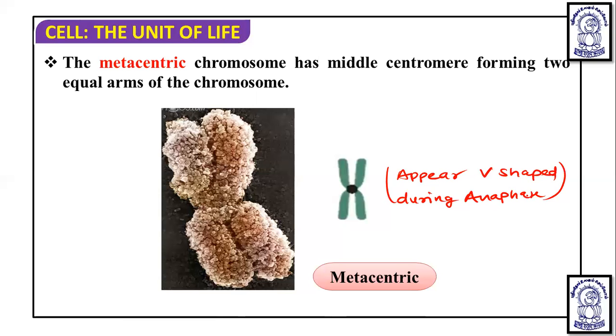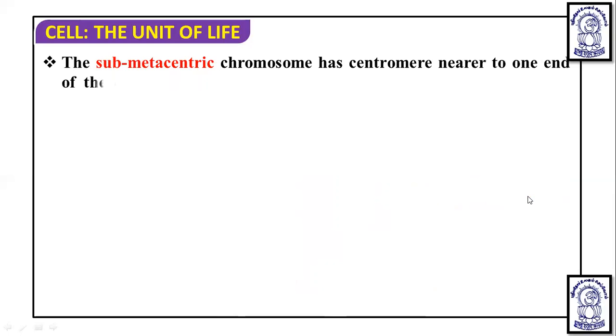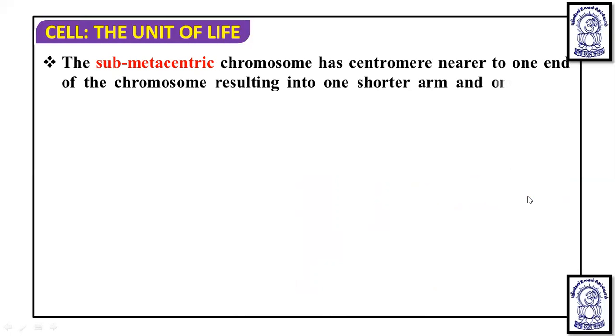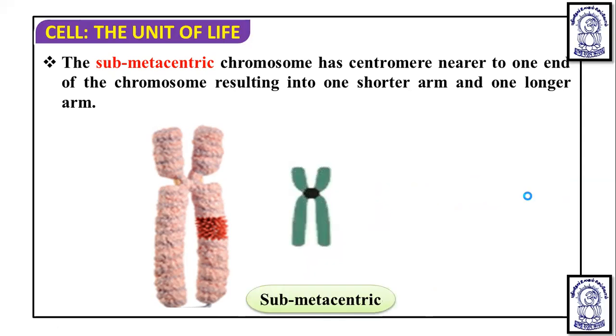Okay. Then another chromosome is known as the submetacentric chromosome, which has a centromere near one end of the chromosome, and if the centromere is near one end, it results in one shorter arm and one longer arm. So you can see that in these submetacentric chromosomes, this is a longer arm and this is a shorter arm.